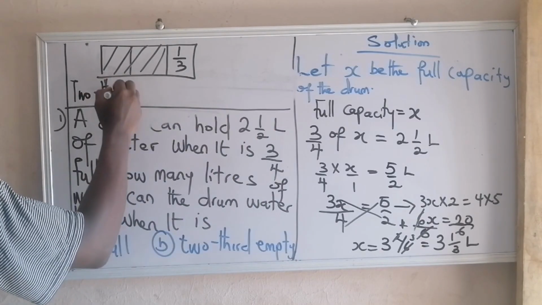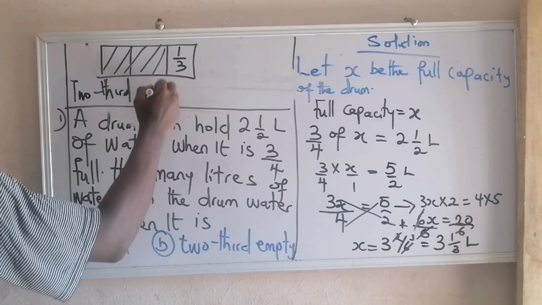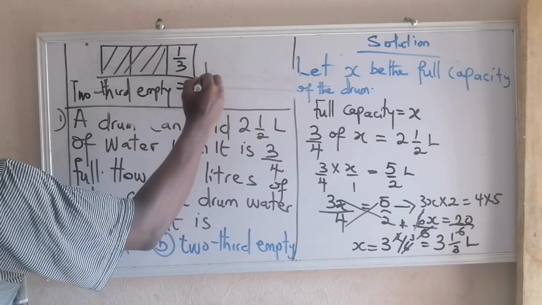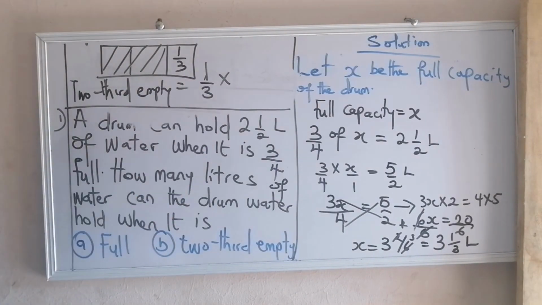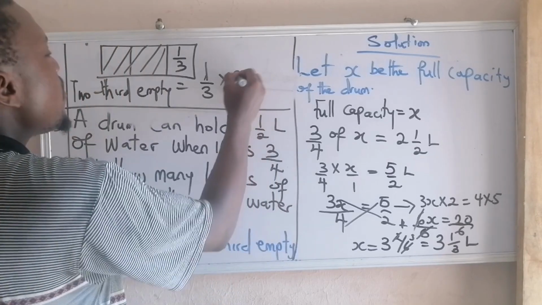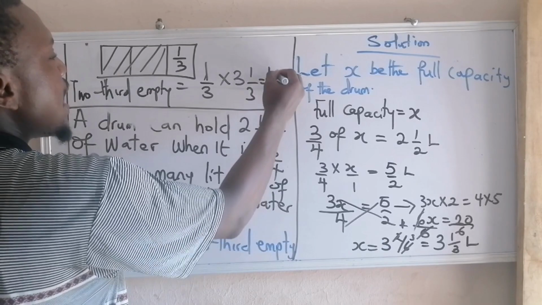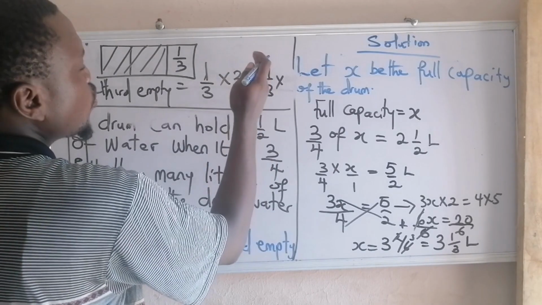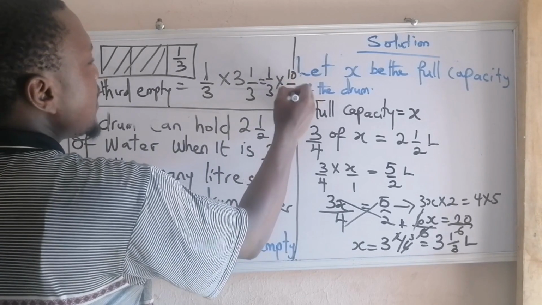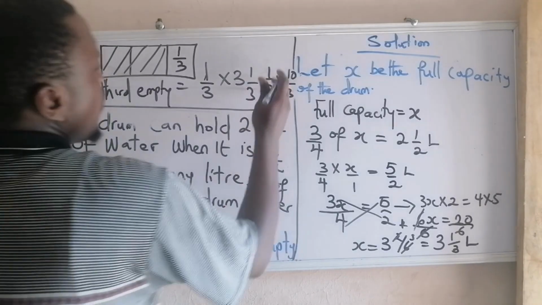All you need to do is this: 2/3 empty will be 1/3 times the full capacity, which is 3 and 1/3. And this will give us 1/3 times, what is 3 times 3, 9 plus 1, that will be 10/3, right? So we can do 1 times 10.